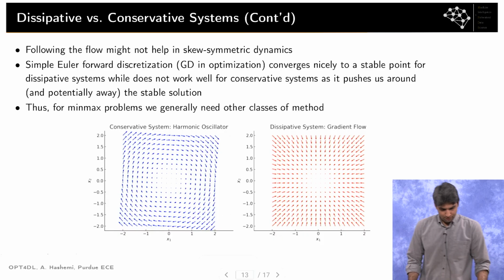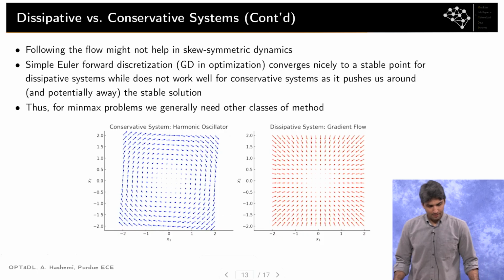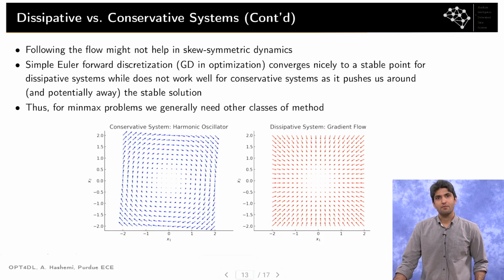Okay. So, as I mentioned, the fundamental difference between min-max and min can be attributed to the difference between conservative systems that conserve energy, and dissipative systems that dissipate energy.